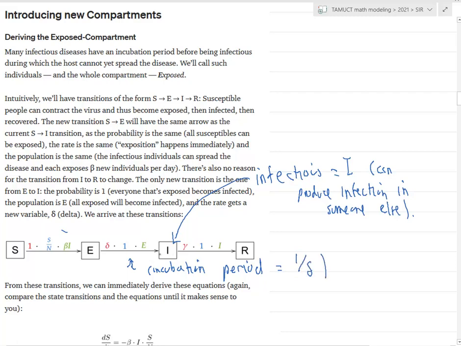Okay, because the rate is a number per time, and so if you take 1 over a rate, you get a time. So this is the same thing we had from infectious to recovered. We said the mean infection time was maybe 7 days, and that means gamma was 1 over 7. So roughly 1/7 of infected become recovered at each time period, right? So this delta represents something like the incubation period. So again, we'll be using his variables in our spreadsheet, so we should be consistent with this notation.